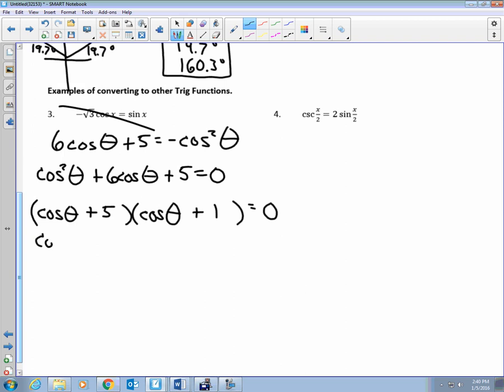So we solve. Cosine of theta plus 5 is equal to 0. Cosine of theta plus 1 equals 0.